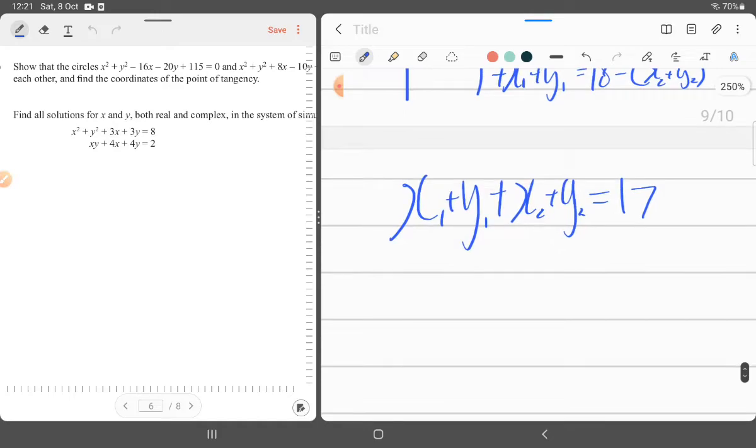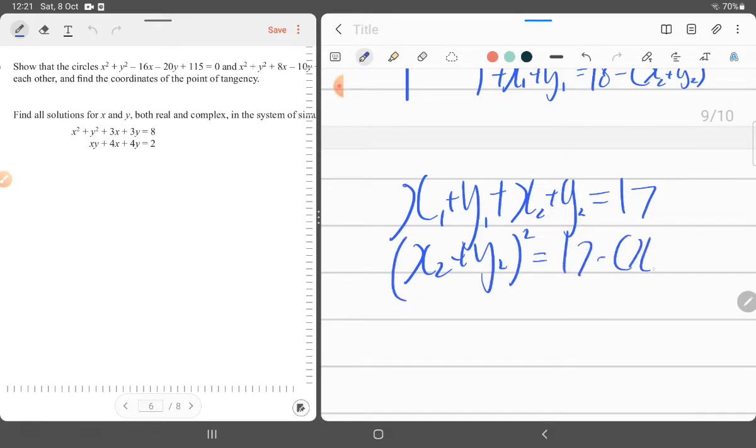Actually, I might just square both sides. x2 plus y2 squared is equal to 17 take away x1 plus y1 all squared.